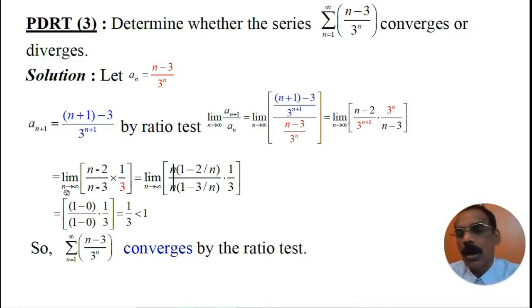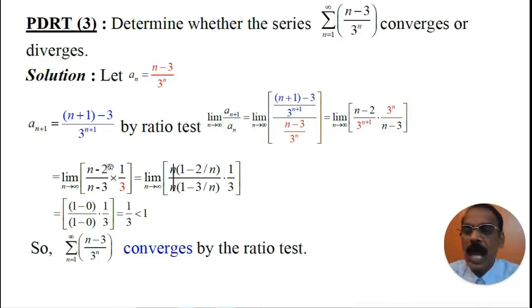Therefore, limit of (n-2) by (n-3) into 1 by 3. Before we apply limit, what do we do? We try to eliminate all n or the powers of n, and we try to get factors as 1 by n or a by n.